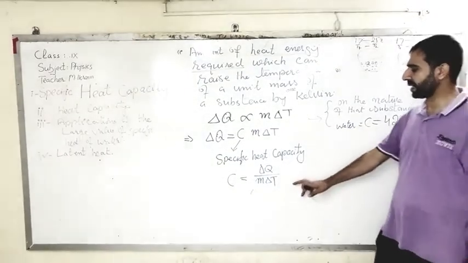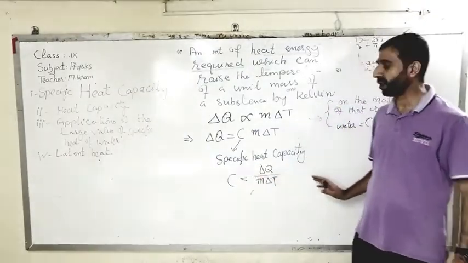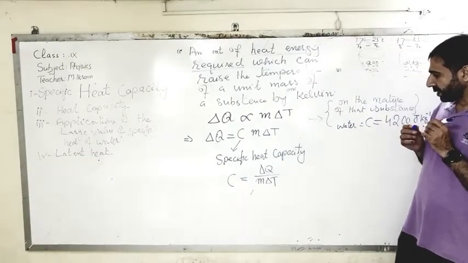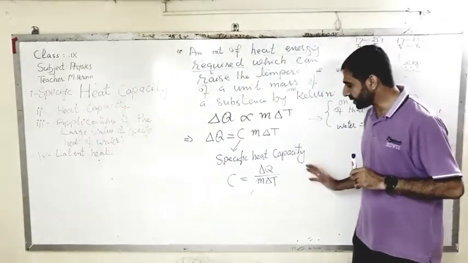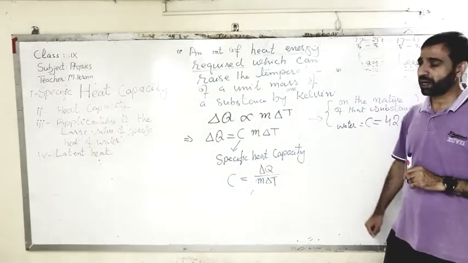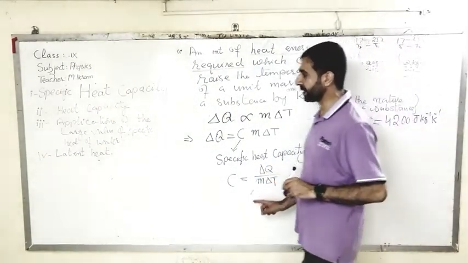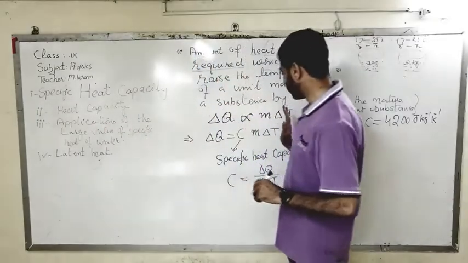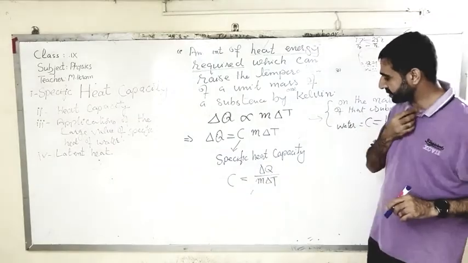No other liquid has specific heat higher than the water. Water has the ability to have a higher value of specific heat constant, and when I discuss the application, at that point I will tell you about this.